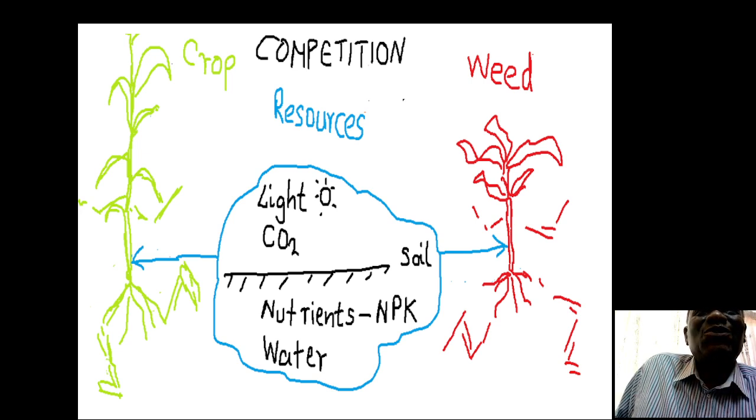The next issue we are going to do is to explore how we are going to measure the impact of weeds on crops. So that will be the next lecture. Any questions?